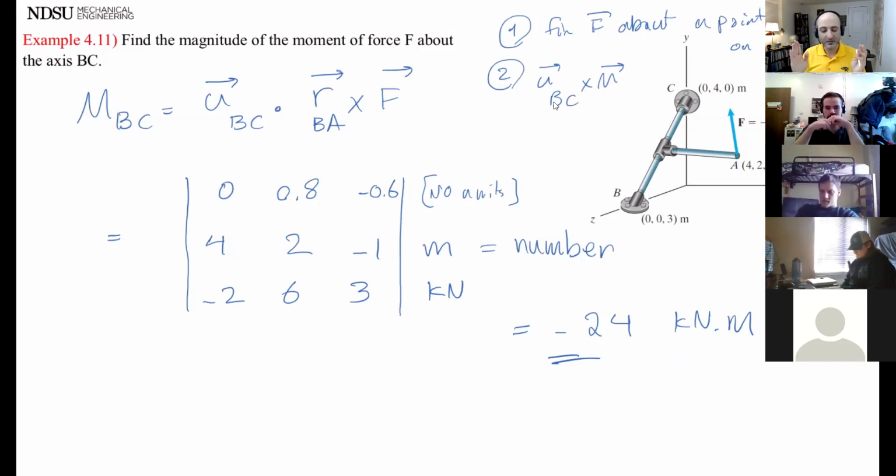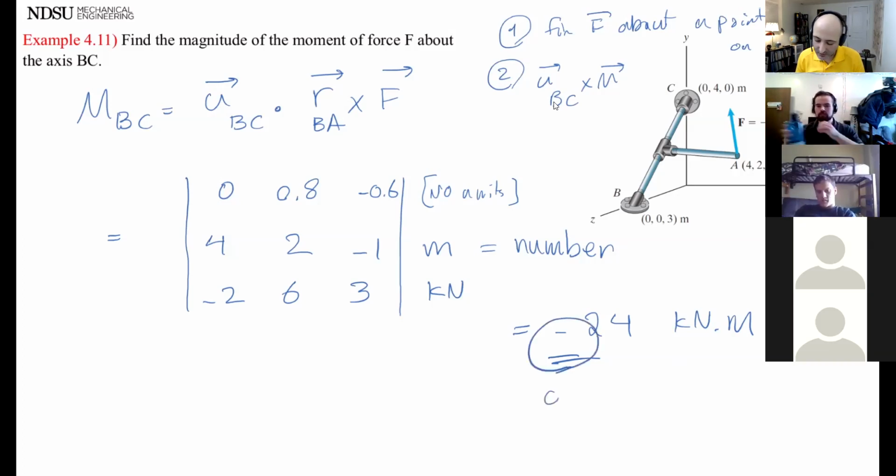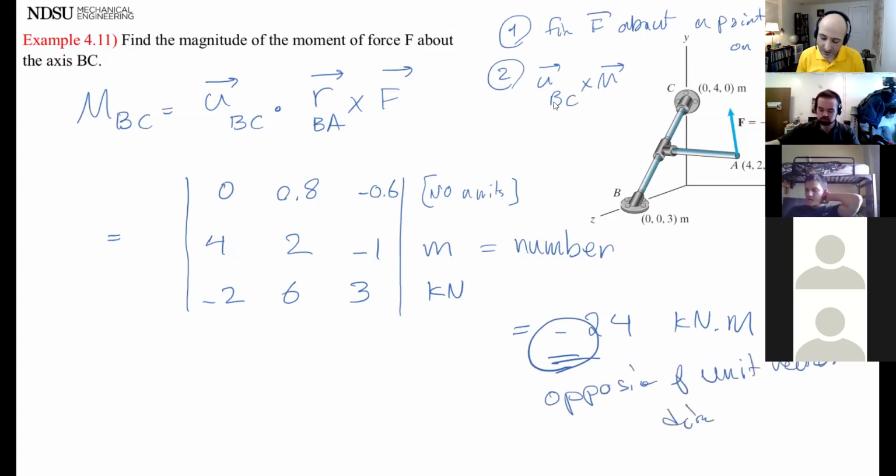You were almost correct. Instead of going from B to C, it's C to B. Exactly. This is opposite of your unit vector direction, because our unit vector goes from B to C.